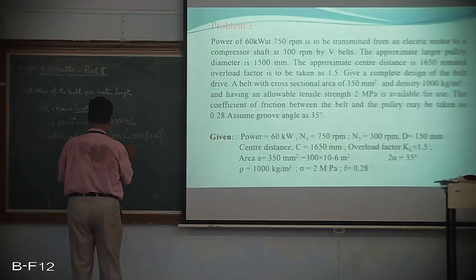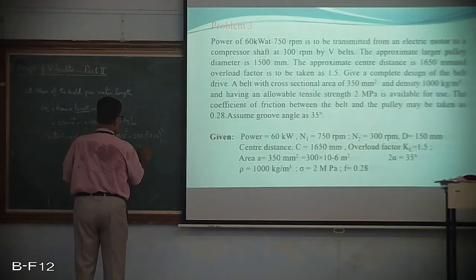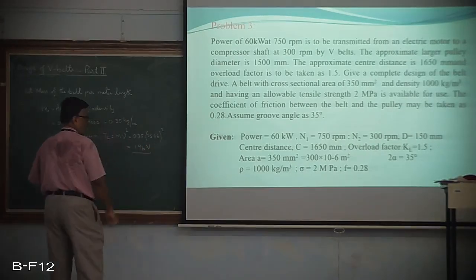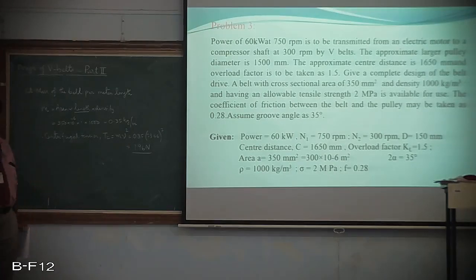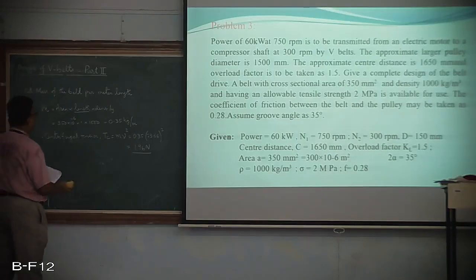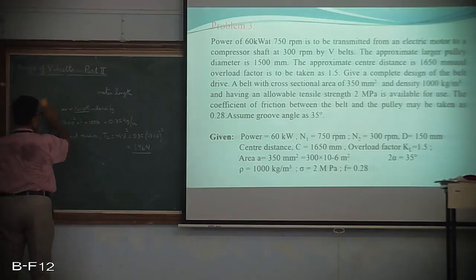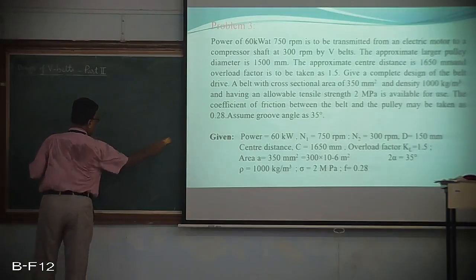This comes out to be 196 Newton. This is called the centrifugal tension. By virtue of the mass of the belt, when the belt is rotating at high speed, the belt has a tendency to go away from the pulley, and because of that there will be a reduction in grip on the belt. So we need to take into account this centrifugal effect.